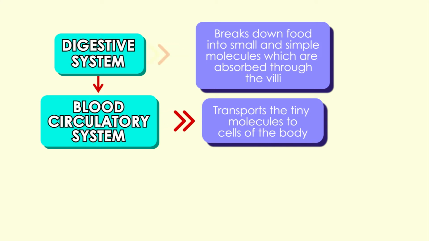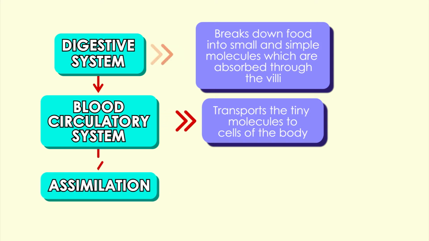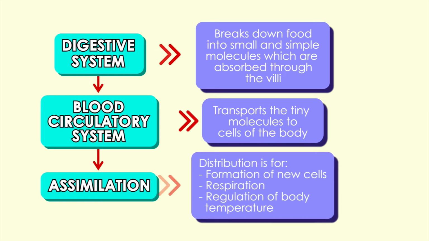The distribution of end products is for formation of new cells, respiration, and regulation of body temperature. So pupils, this is how these systems play a role to enable all the body cells to get the nutrients they need.